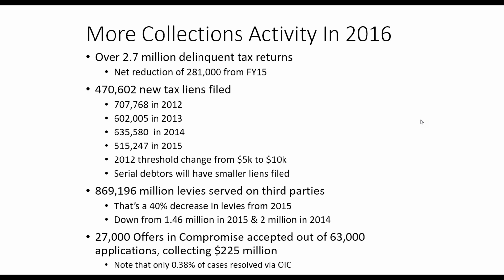So always run the numbers, make sure that they qualify for the OIC before you ever submit it. A lot of offers being submitted are either by people that don't read the form, and so don't actually qualify, or they're submitted by offer mills that are out there. I call them the big national scumbag rip-off con artists of the industry.